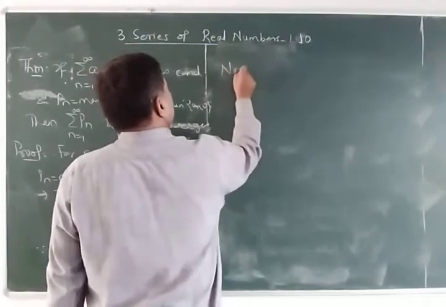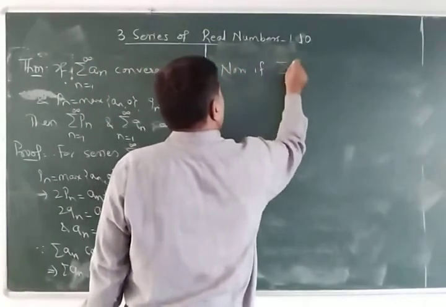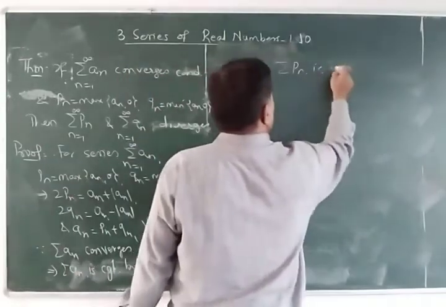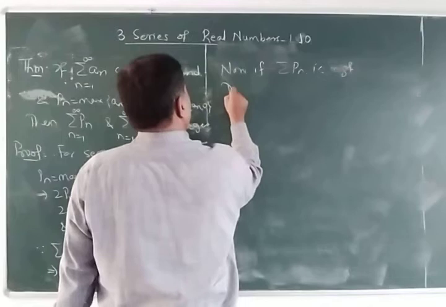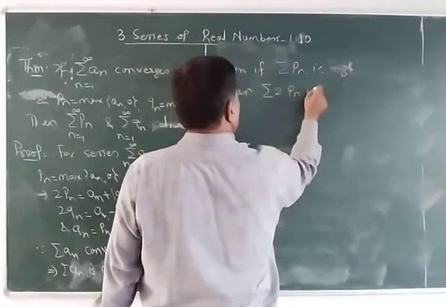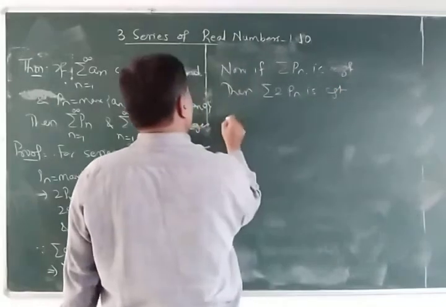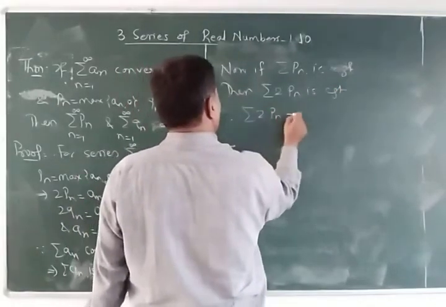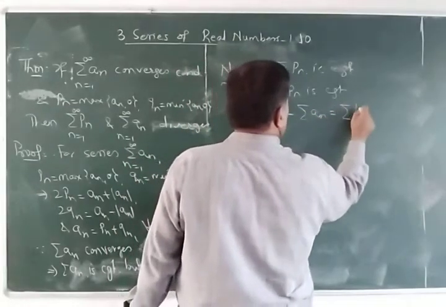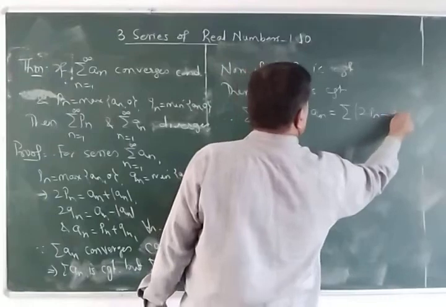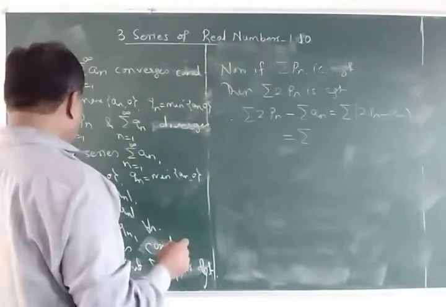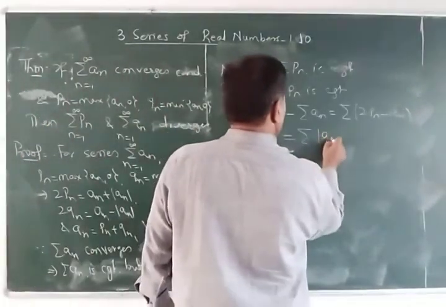Now, if summation of Pn is convergent, then summation of 2Pn is convergent, and therefore summation of 2Pn minus summation of n is equal to summation of (2Pn minus n), which is nothing but mod n, is convergent.